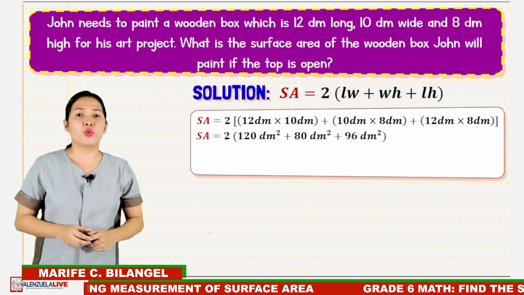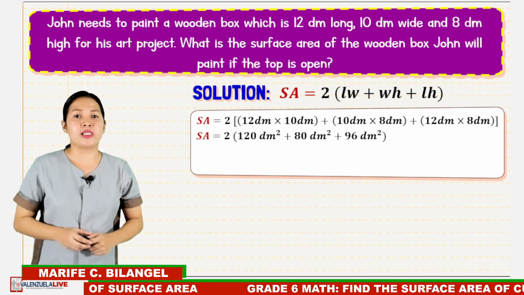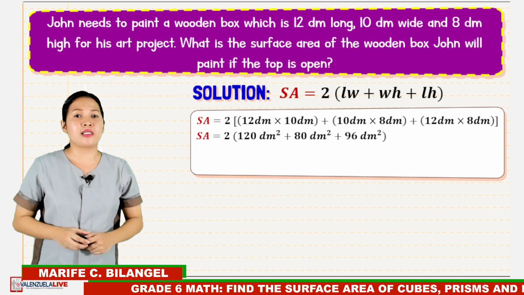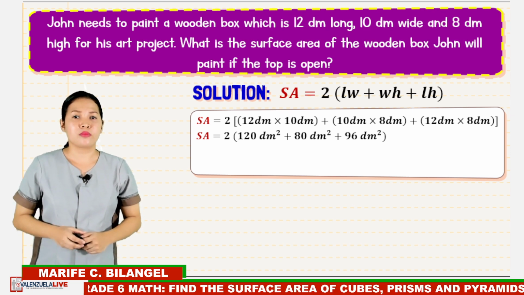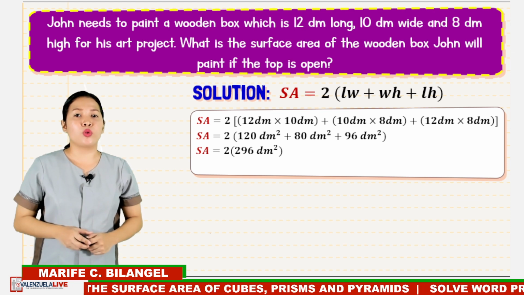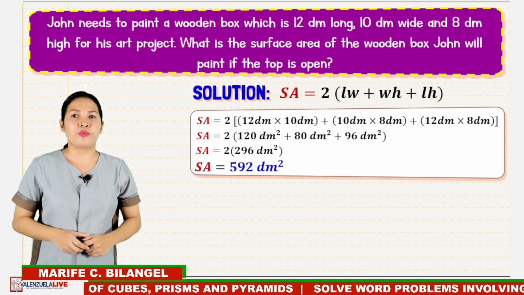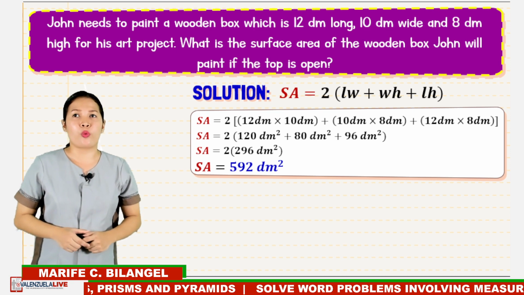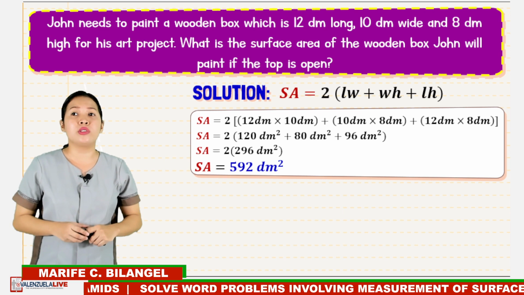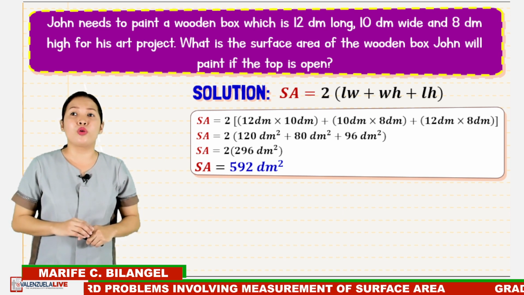Then we have 2 quantity 120 square decimeters plus 80 square decimeters plus 96 square decimeters. Then 2 multiplied by 296 square decimeters. So the answer is 592 square decimeters. This is the surface area of the wooden box if the top is included.